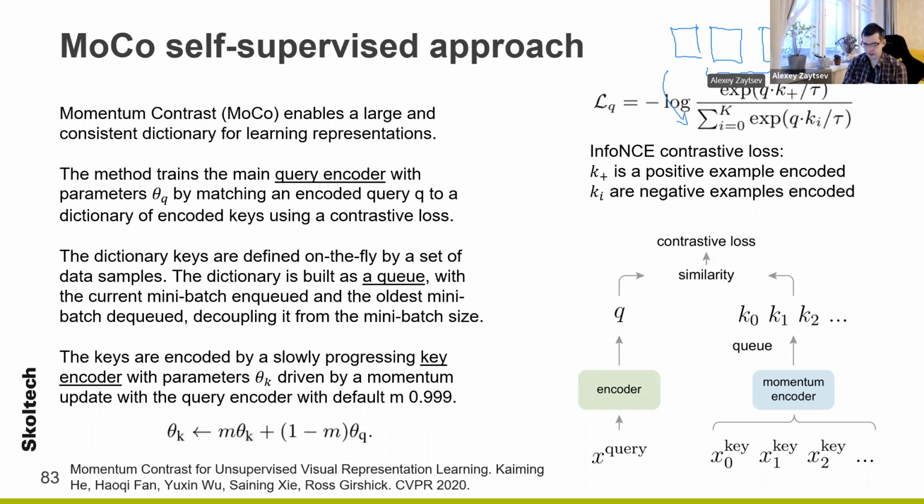And also, as we have this slightly modifying encoder as the key encoder, we can backpropagate and calculate embeddings only for this last mini batch, and keep embeddings from previous mini batches as they are.